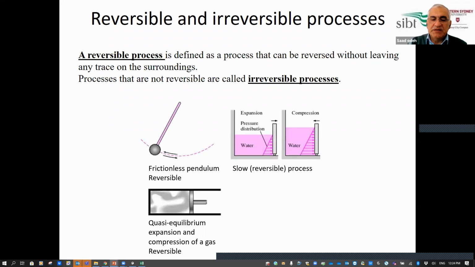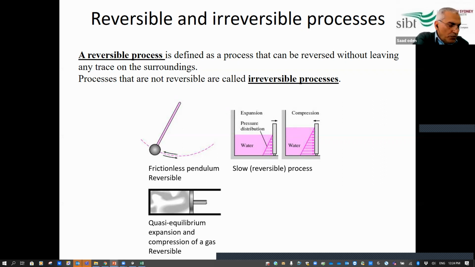Okay, and we can have so many examples. If you have a frictionless pendulum, for example, put it in a vacuum, and there is no friction at all, then this pendulum will stay moving for unlimited time, because there is no friction, and it's reversible.